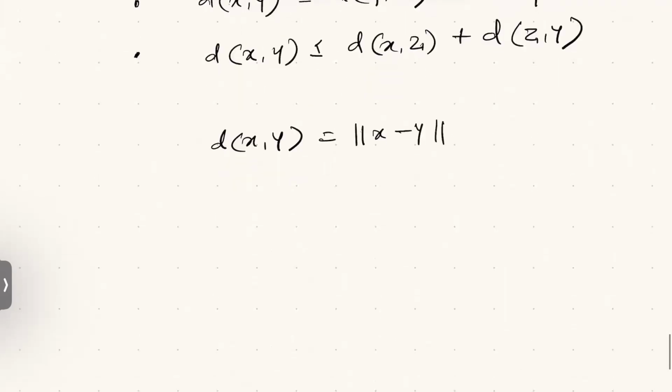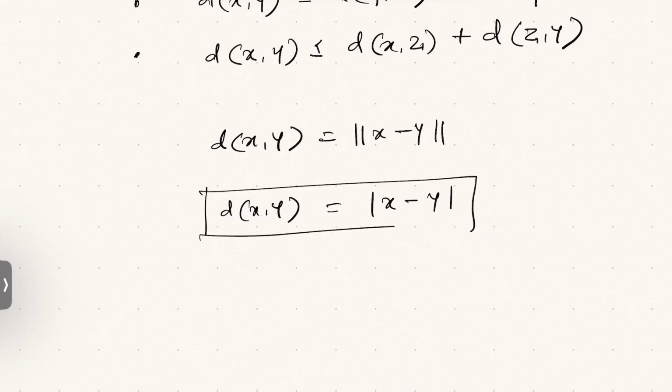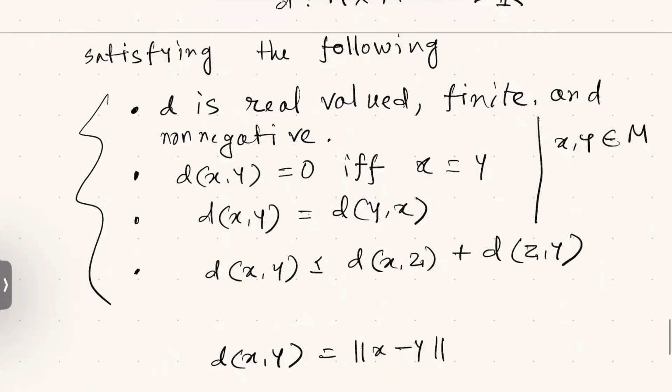So d of x comma y equals the difference between the two points x comma y. You can show this function d satisfies these 4 axioms. Hence, this d is a metric on the set of real numbers.